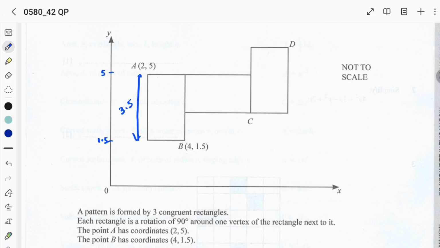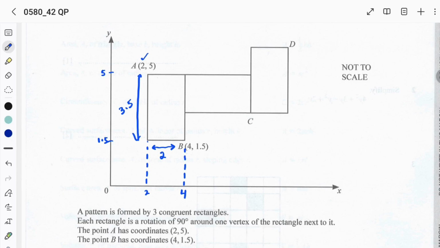Now the next one is on the x-axis. The x number is 2 here, and the other x number for this one is 4. So 4 minus 2 is 2. So the length and width, I've found the distances are 3.5 and 2.